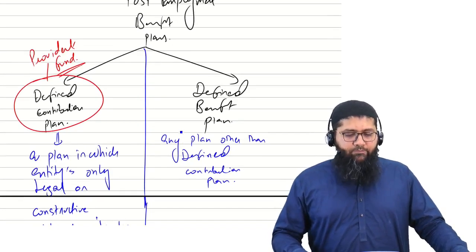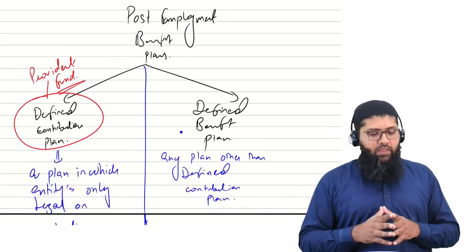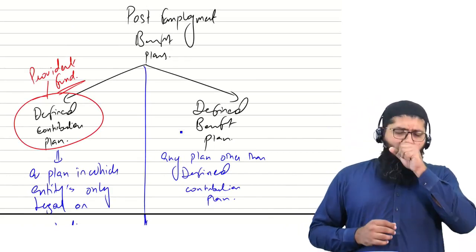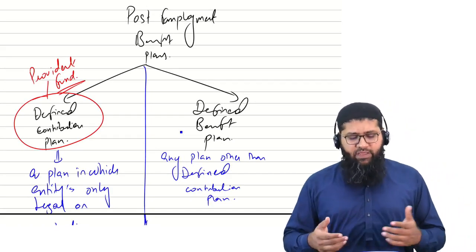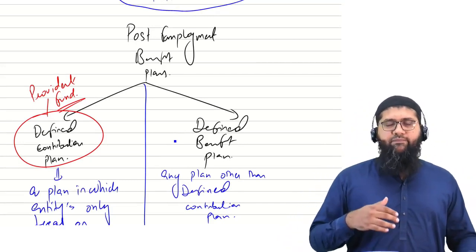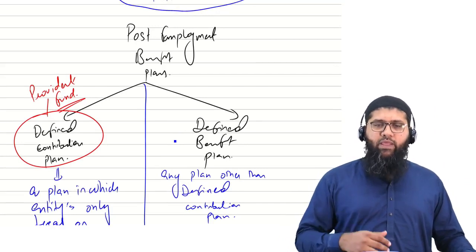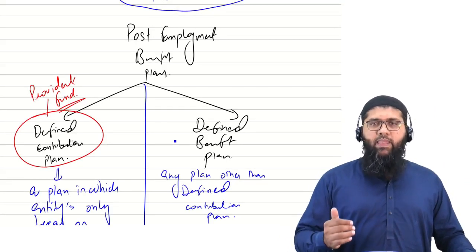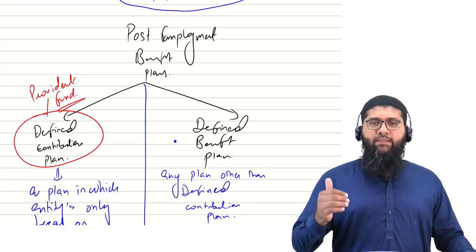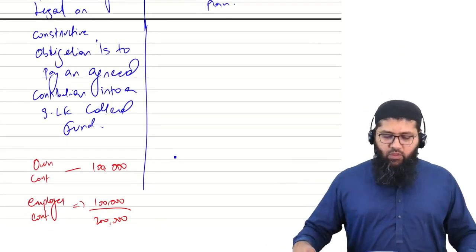Now let's talk. What are these post-employment benefit plans? One of them is a defined contribution plan. The other one is a defined benefit plan. What is a defined benefit plan? A defined benefit plan is any plan other than a defined contribution plan. Now try to understand this.